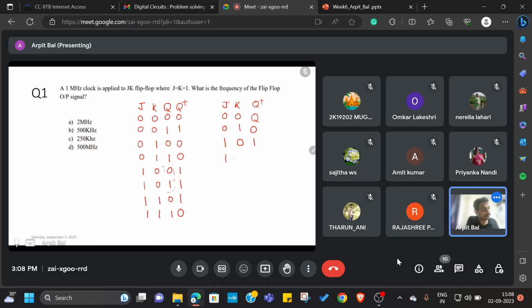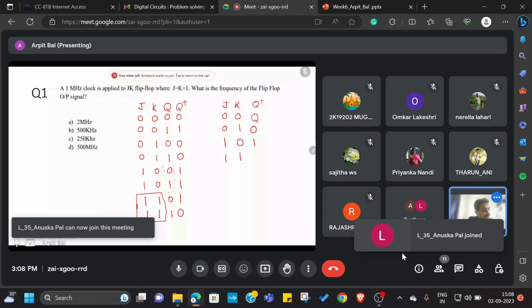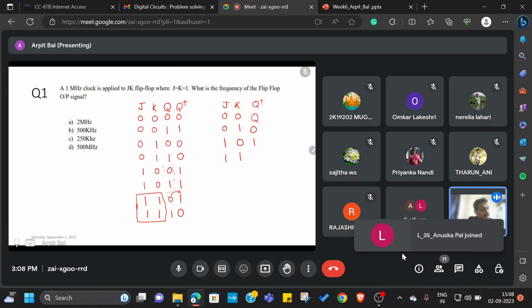If J and K are both 1, then whatever the present state is gets flipped. If the present state is 0, it becomes 1, and if it is 1, it becomes 0. So 1 1 means Q bar. Now what we are asked is, what is the frequency of the flip-flop output signal?